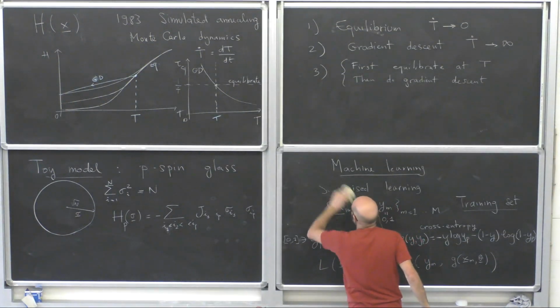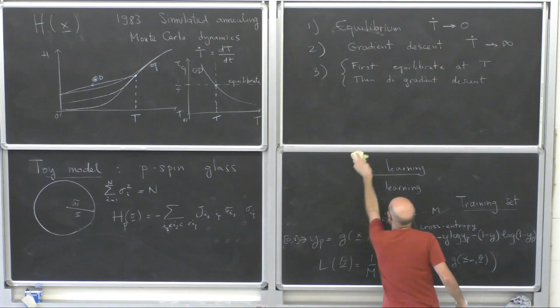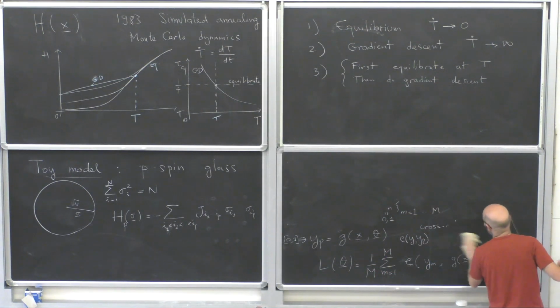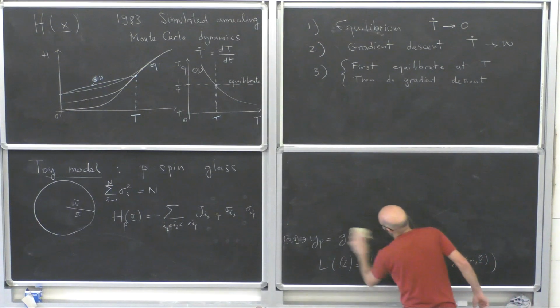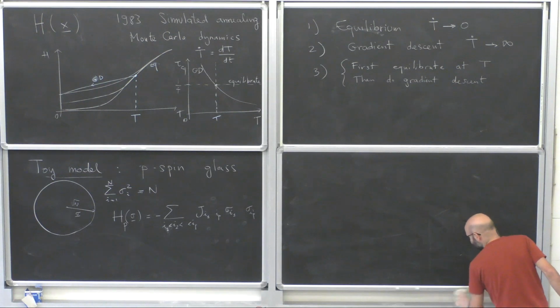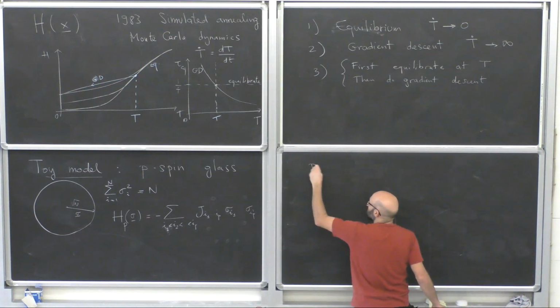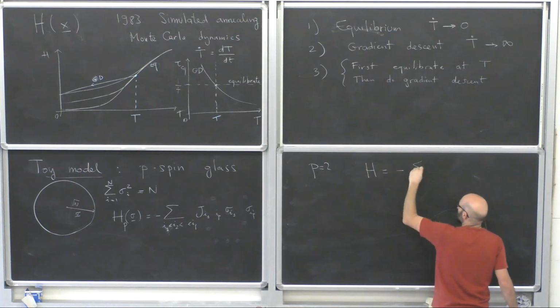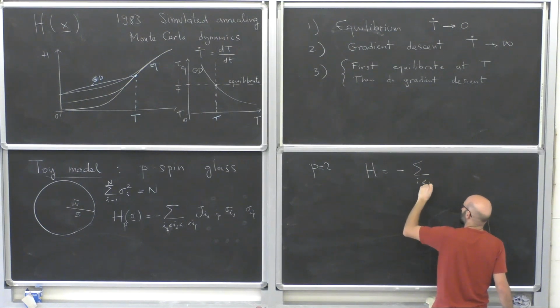What's this? I'm just taking groups of P spins, that's why it's called p-spin, and I make them interact. So for P equal 2, this is the usual two-spin interaction, right?